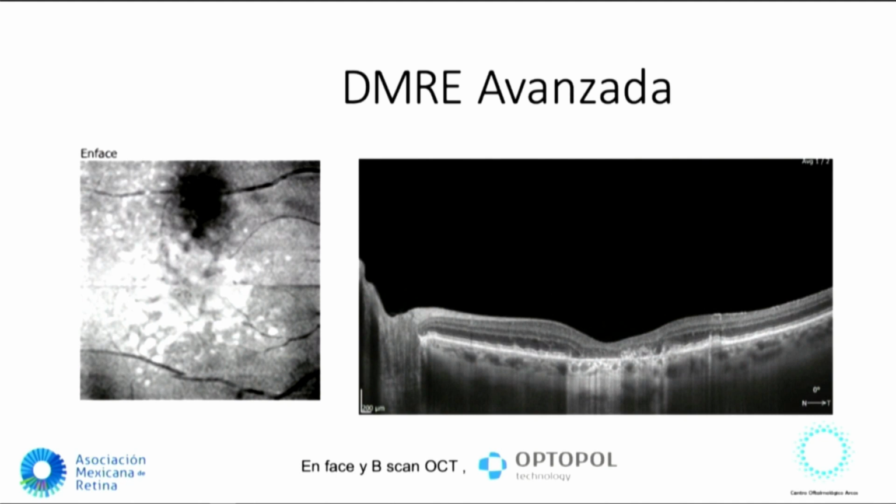And in some articles, they mention that en face, in some cases, we might have the same information as autofluorescence in age-related macular degeneration.